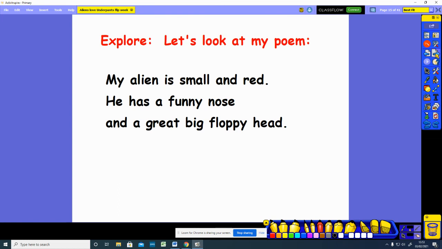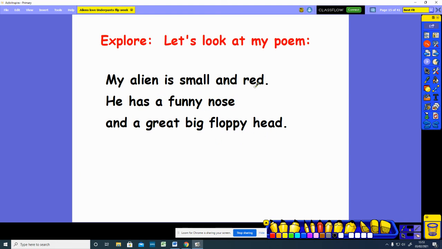Okay, I've written a poem already, and I thought if we looked at this poem, it might help you when you're writing your poem. So let's look at my poem that I've already written. This was about a different alien. My alien is small and red. He has a funny nose and a great big floppy head. Let's read that again.